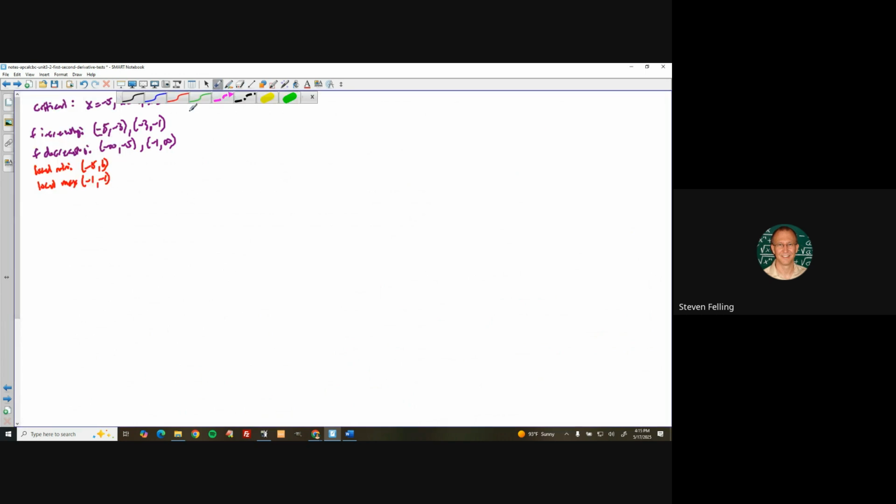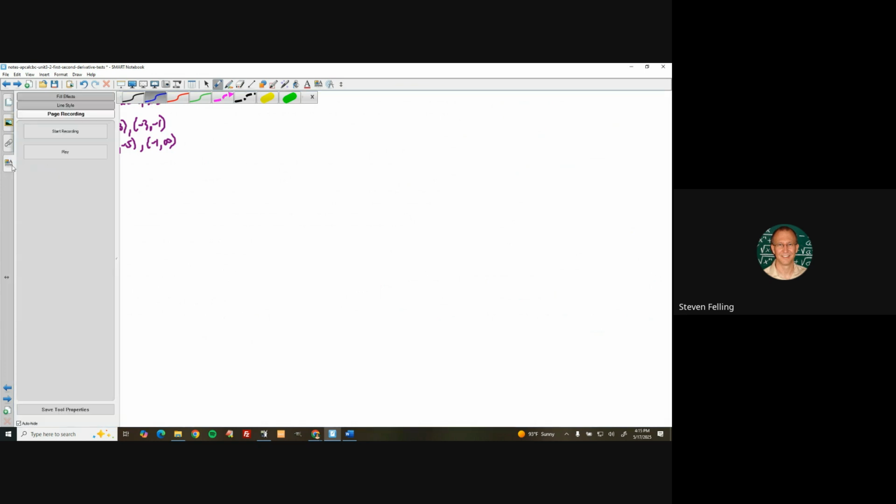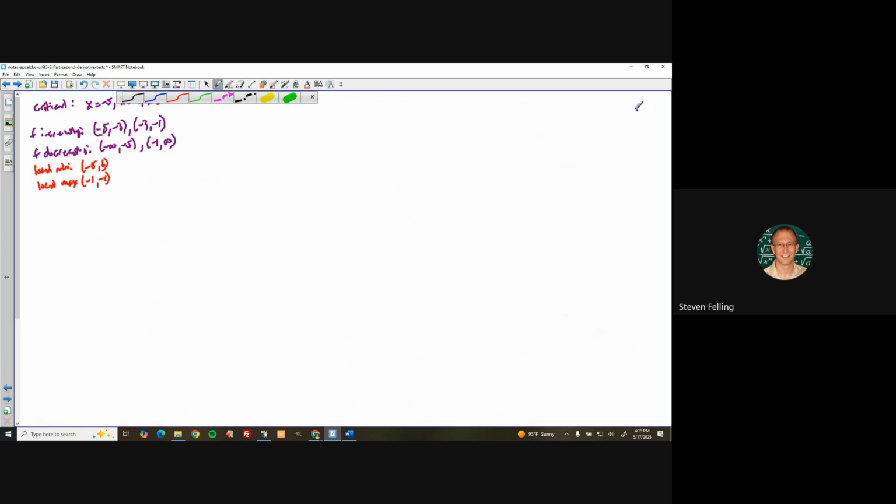Let's say I go to this and make this purple. Okay, so from the second derivative test, we found an inflection value at x is -3, but there's no point there. There's no inflection point because there's a vertical asymptote there, right? Because we're dividing by 0.